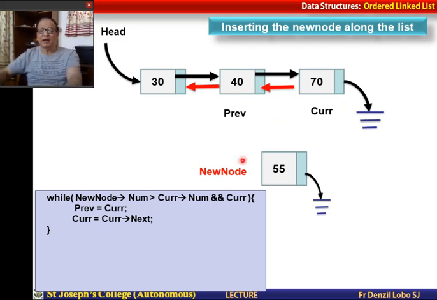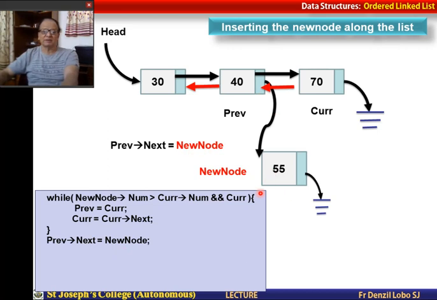Now I say previous next is equal to new node. So that is linked. Now I have to say new node previous is equal to previous. This is previous. So previous is linked to the new node. Now I have to link new node to the current.